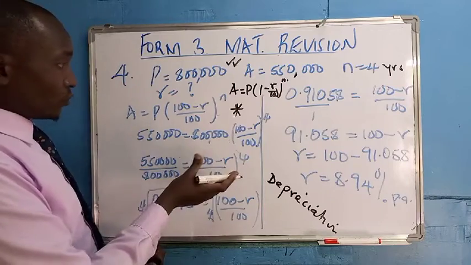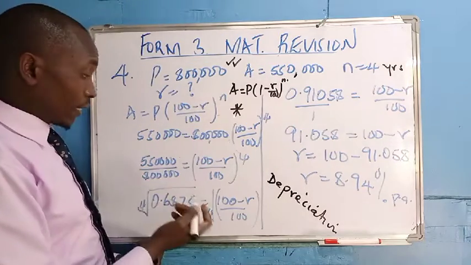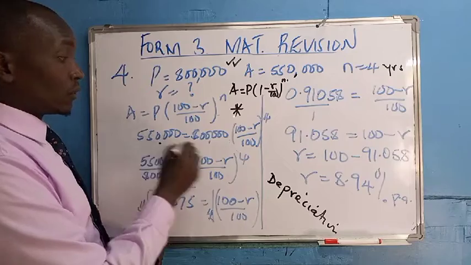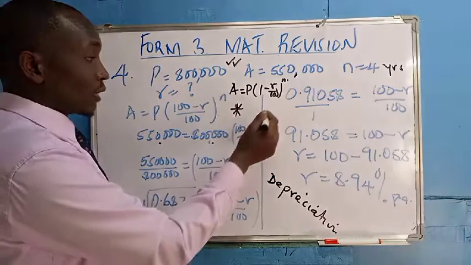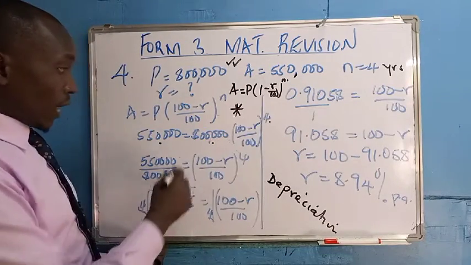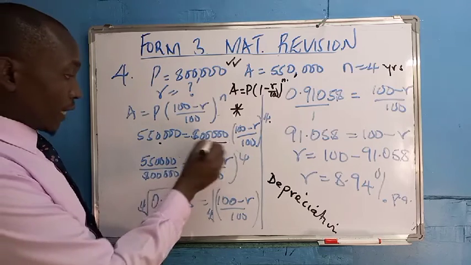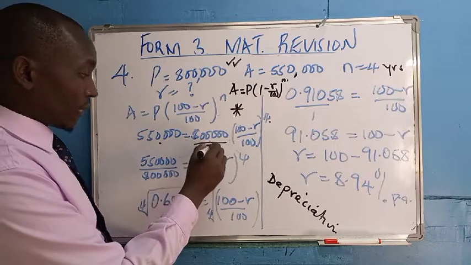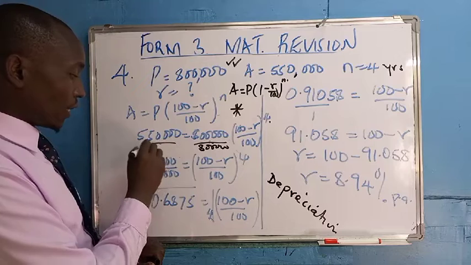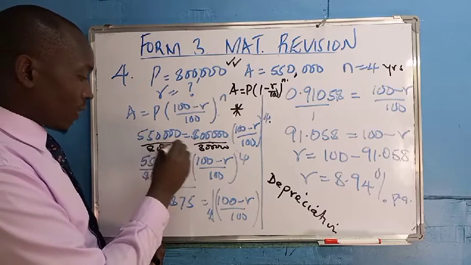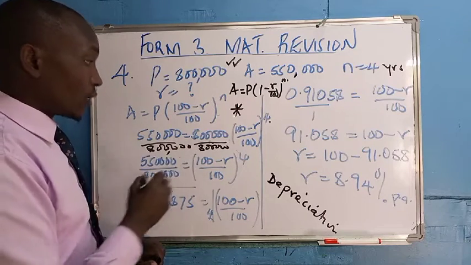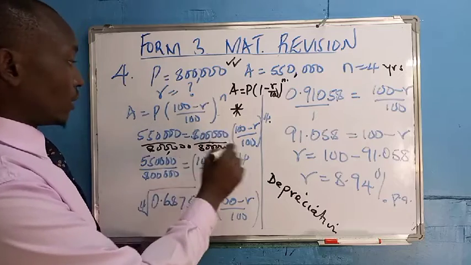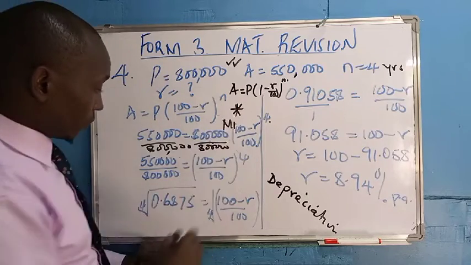Now, all I need to do is to substitute the values like I've done. So this is the amount, this is the p, yes, the n is there. After doing that, I can divide both sides by 800,000. Even on this side, I divide by 800,000.